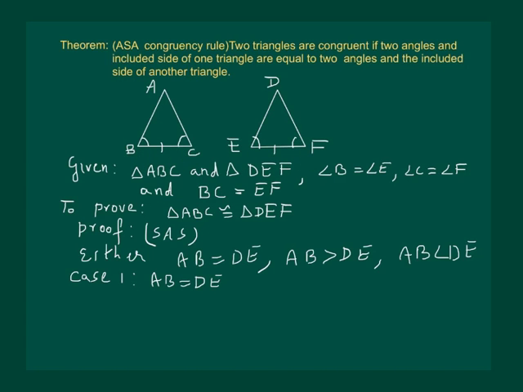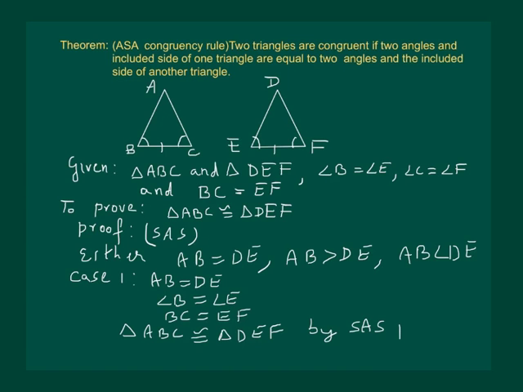So triangle ABC will be congruent to triangle DEF by the SAS property. Let us move to case 2.